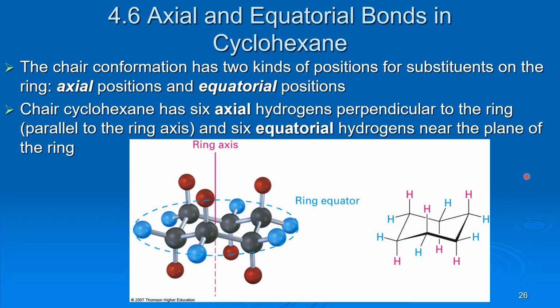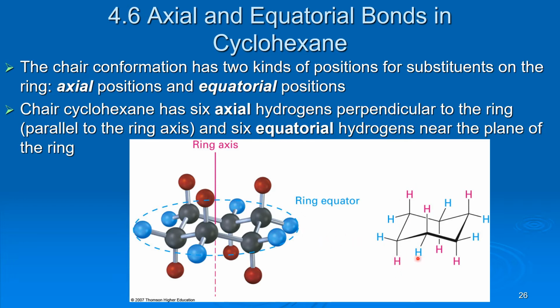Now, there's 2 different types of hydrogen in a cyclohexane. So there's 2 different positions. So all these red ones are sticking straight up or straight down from the carbon. Those are called axial, because they're with the axis of the molecule, up and down, up and down.